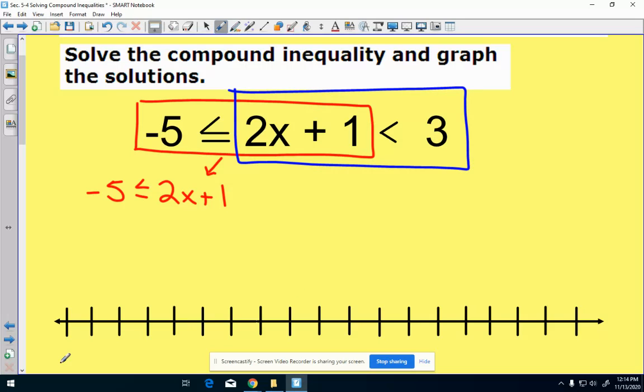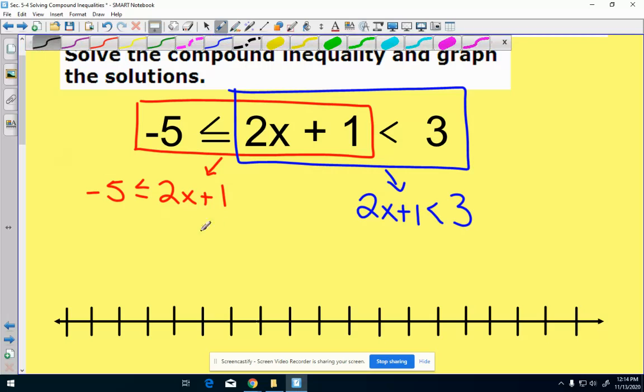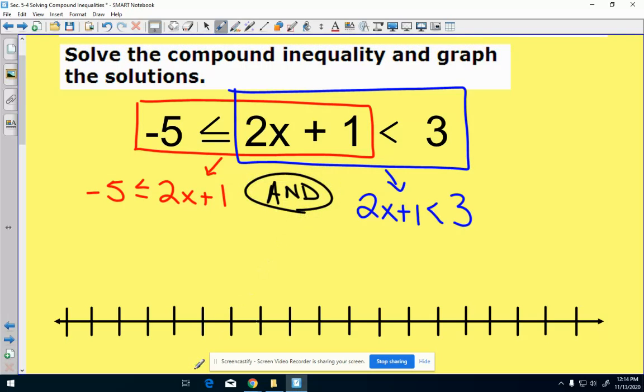So my second one is going to be 2x plus 1 is less than 3. If you thought about those circles, they each have the same 2x plus 1 overlapped inside of them. So this is an example of an and compound inequality.